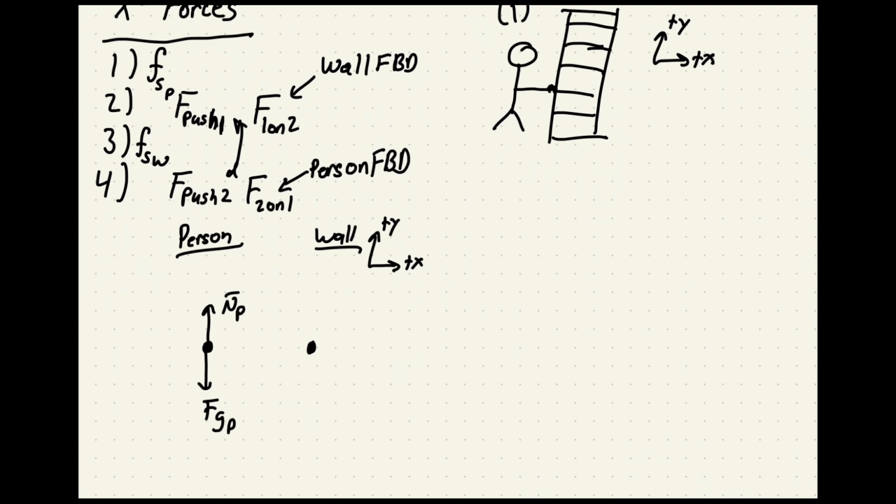So I'm going to skip over the x direction for the person just now, and we'll go over to the wall side of things. The wall will have a normal force N sub W and a gravitational force of Fg sub W, and those will work out great.